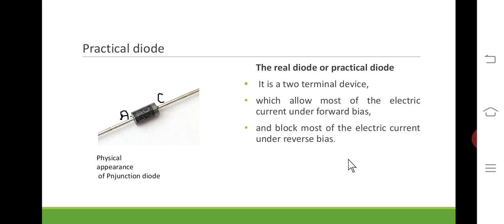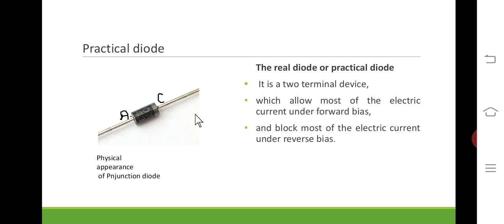So here what you are seeing is the practical appearance of the diode. I think some of you have seen this in your second PUC. This is the physical appearance of the diode. This silver color is your cathode and this is your anode.